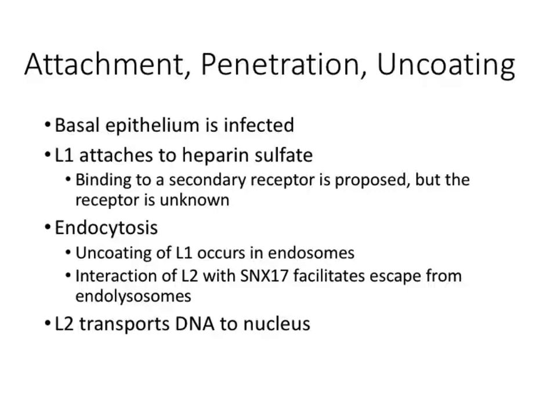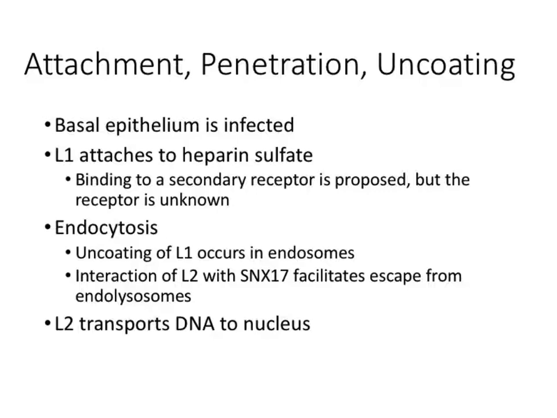The drop in pH will lead to the uncoating of L1, or L1 will detach from the genome and L2. And then L2 interacts with a protein known as SNX17.